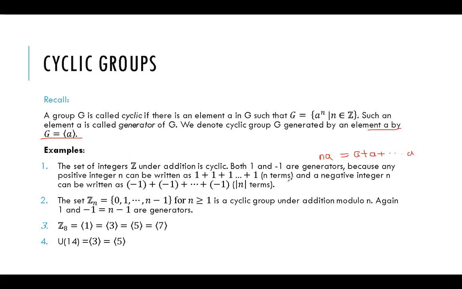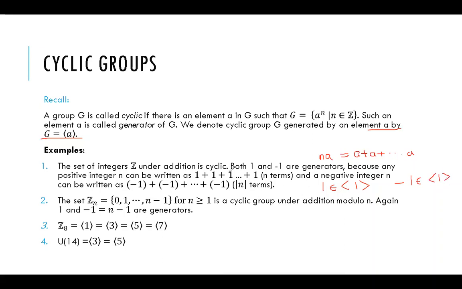So when we say that 1 is the generator, first of all, 1 belongs to the group generated by 1. Secondly, since it's a subgroup, its inverse must also be there. So -1, which is the additive inverse, will also belong to it.